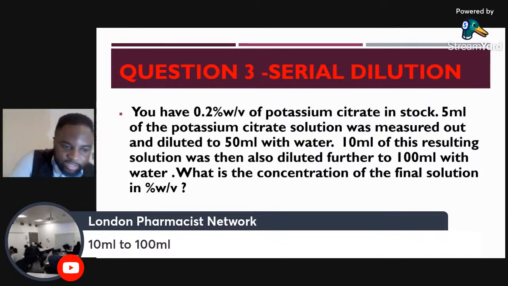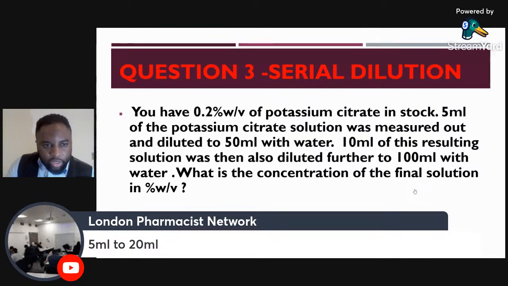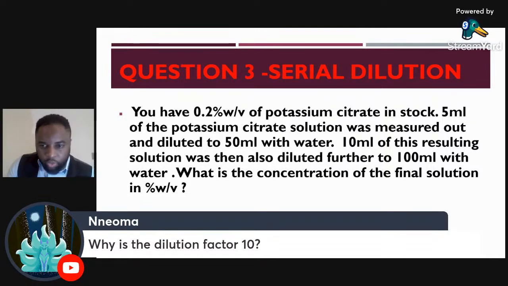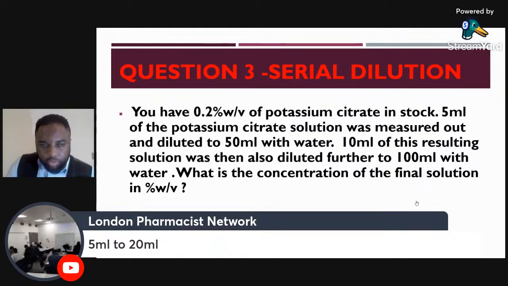I'll give you an example. Let's go from 5 ml to 20 ml. Do this one. What is the dilution factor?